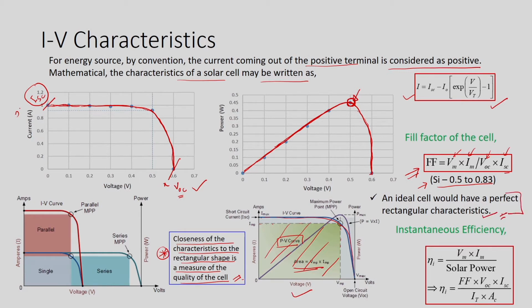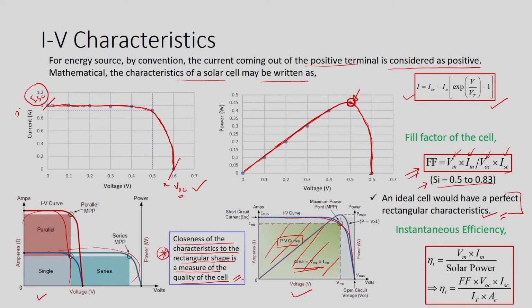Now, come back to this figure. Here two cells are connected in series in this case, and two cells are connected in parallel in this case. If we connect two cells in series, the voltage will rise.